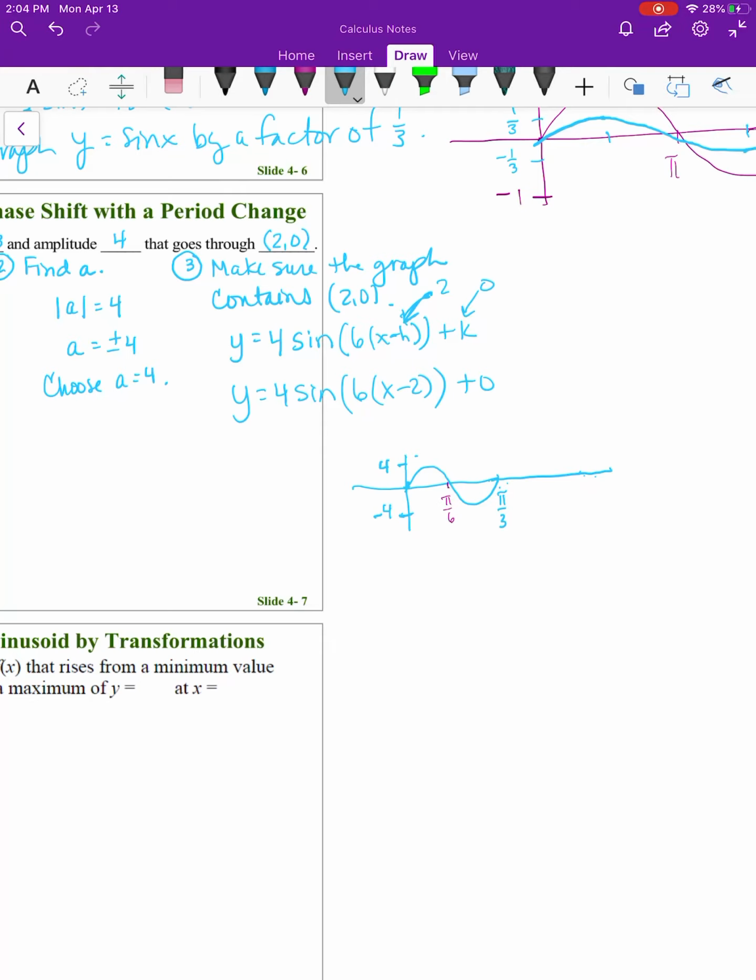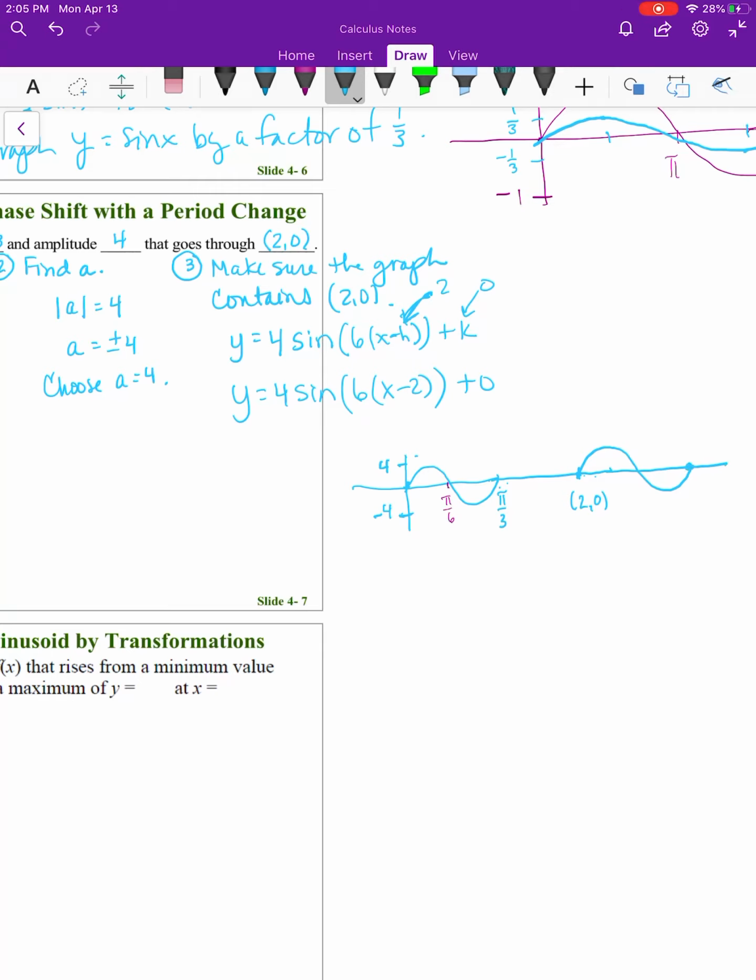Because, well, I'd have to get my calculator out, but if you were actually shifting it to 2, this down here might be the point 2 comma 0. You see what I'm saying?